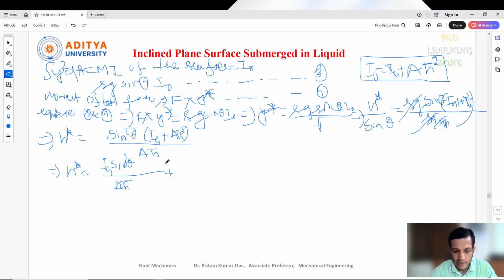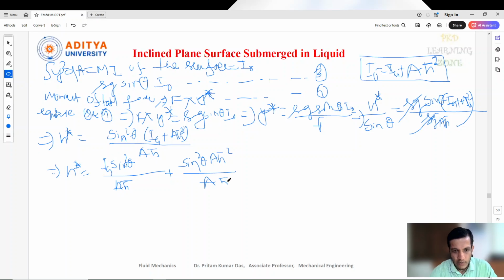Again Ig sine square theta by A h bar, I got already. Now again I'll write sine square theta, A y bar square by A h bar.